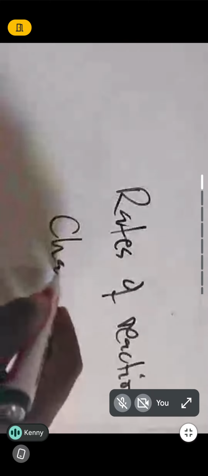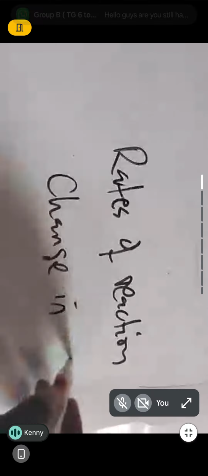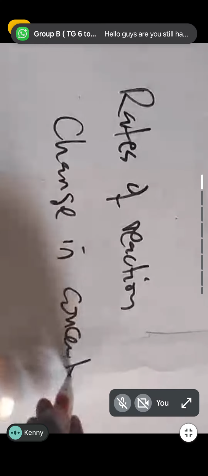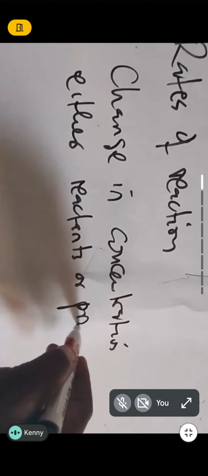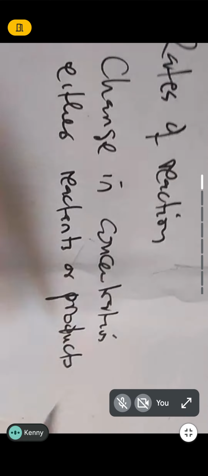The change in concentration of either reactants or products. Okay, so we shall monitor the change in concentration of either reactants or products.